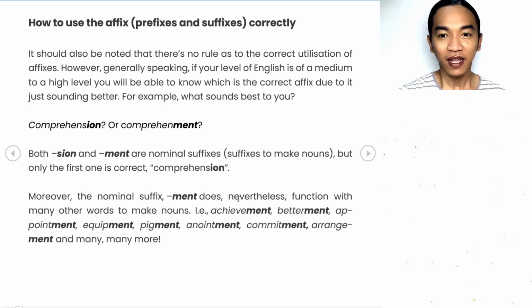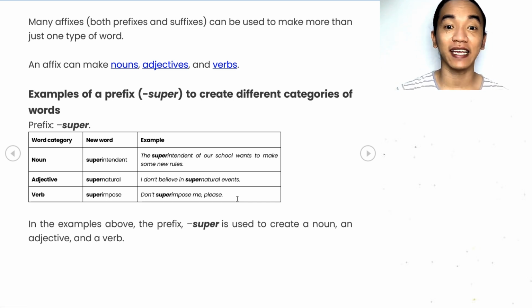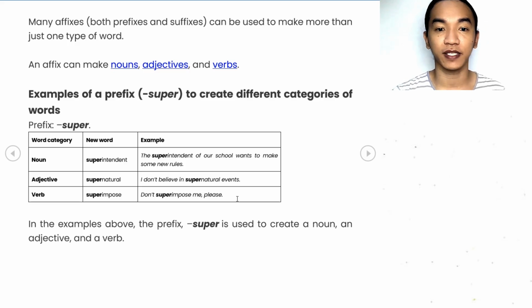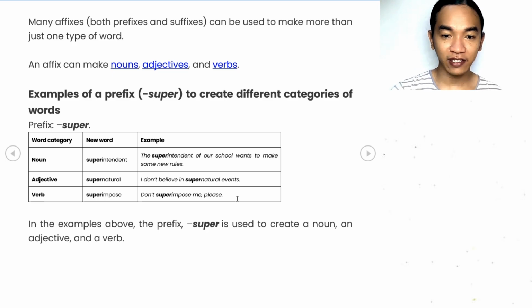So many affixes can be used to make more than just one type of word. An affix can make nouns, adjectives, and even verbs. Like for example, here we have the prefix super. For noun we have superintendent. For adjective, supernatural, and for the verb, superimpose.